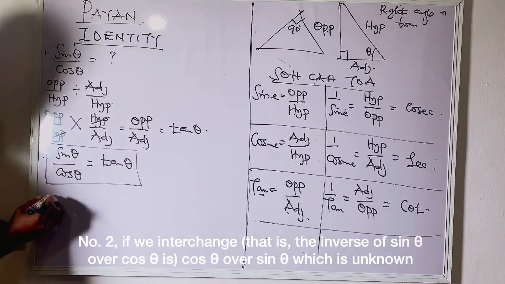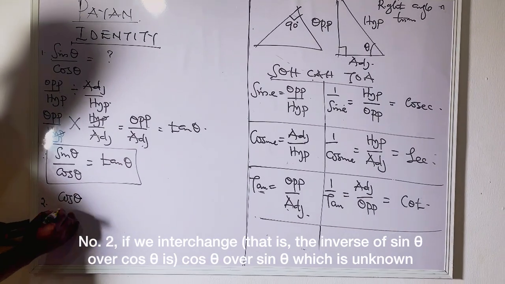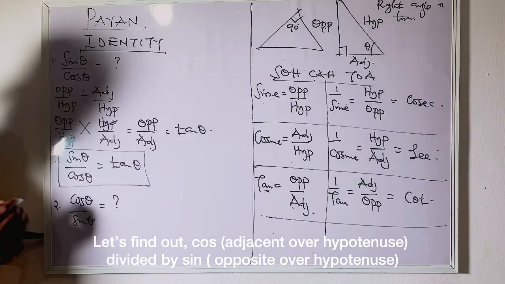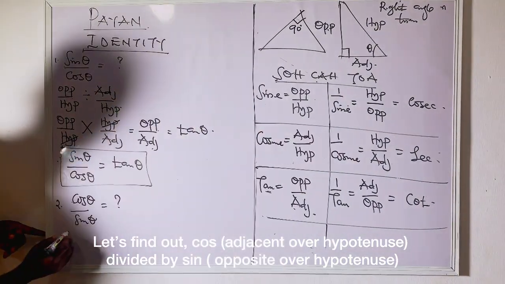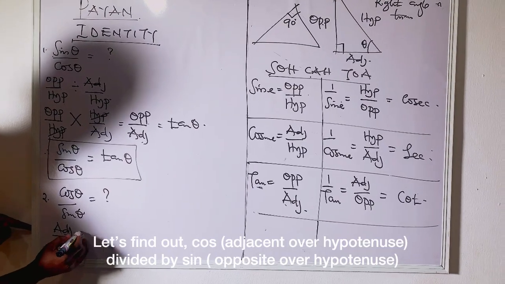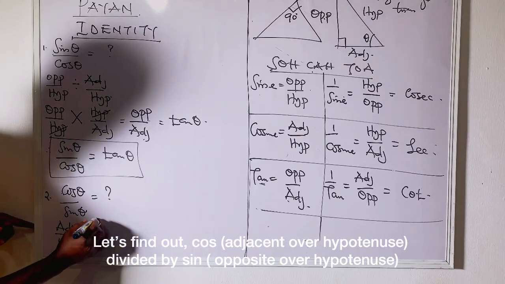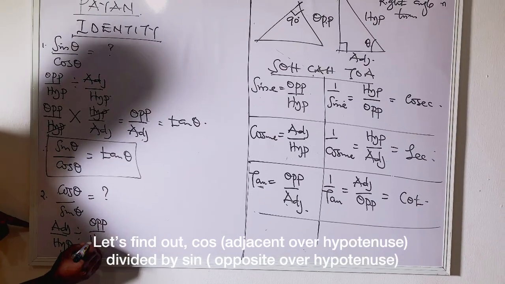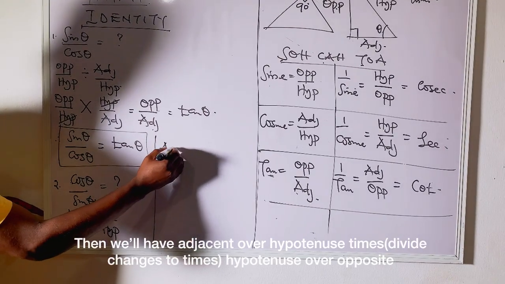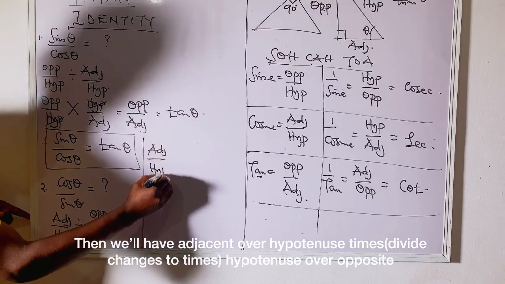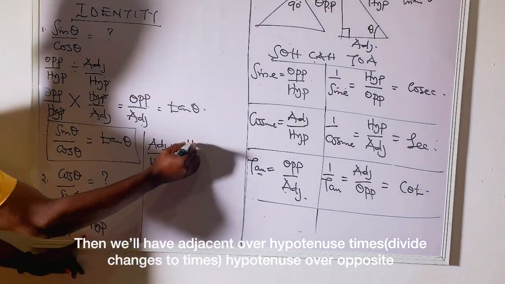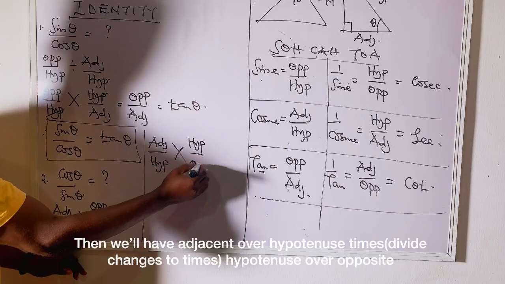Number two, if you interchange, meaning the inverse of sine over cos, cos theta over sine theta equals unknown. Let's find out. Cos is adjacent over hypotenuse, divided by sine, which is opposite over hypotenuse. Then the divide changes to times hypotenuse over opposite.